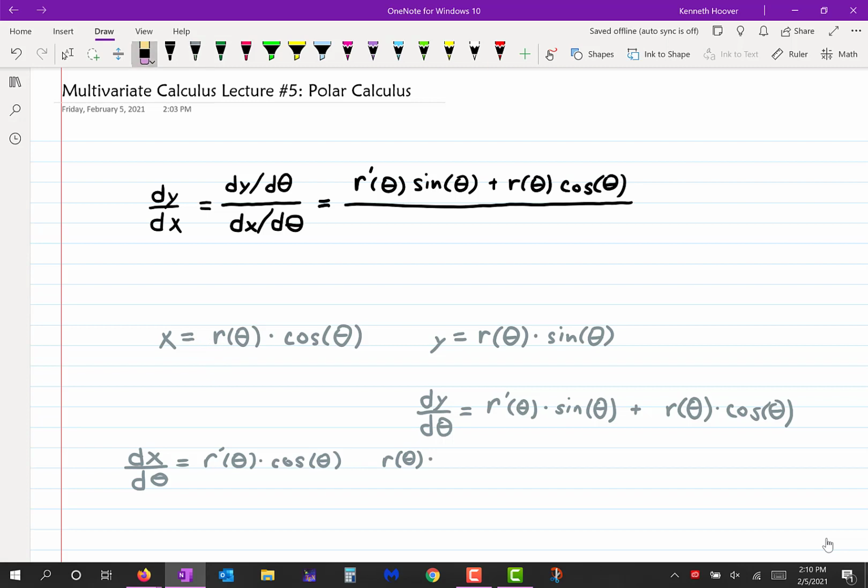Let's put that negative out front here. Make that plus a minus. So that's going to be on the bottom up here: r prime theta cosine theta minus r theta sine theta.